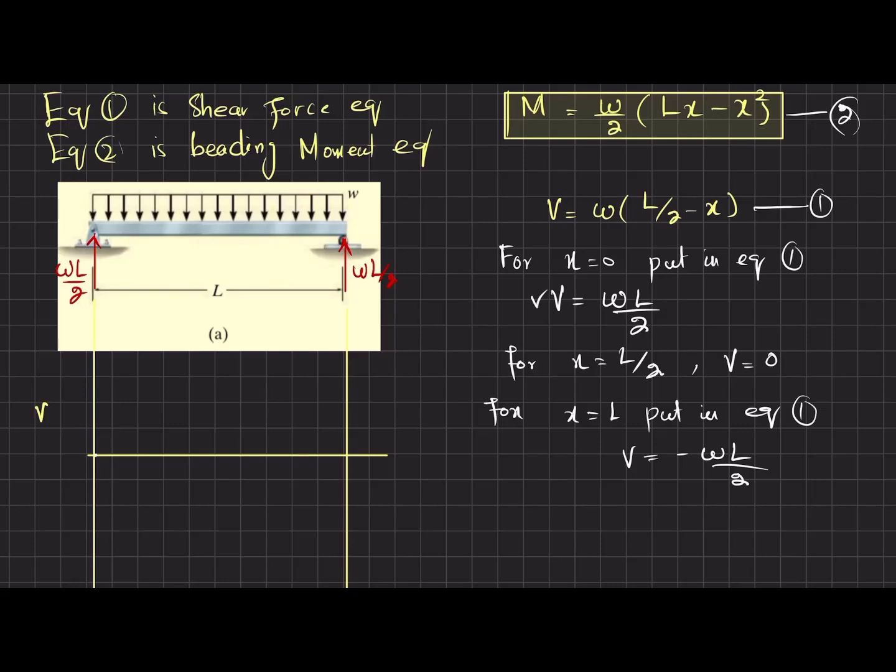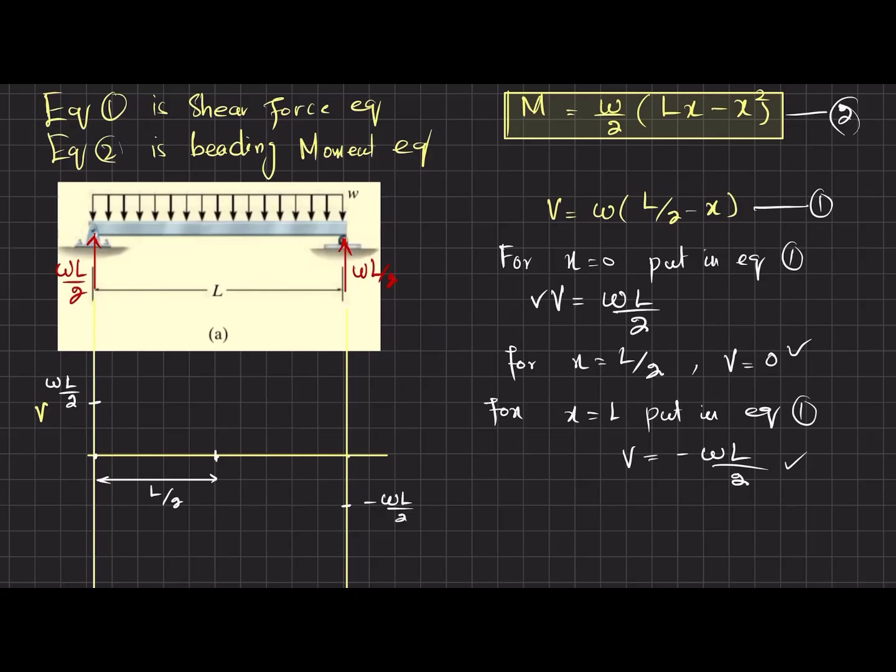At x is equal to 0, we have V equal to WL over 2. At x is equal to L by 2, we have shear force 0. At x is equal to L, we have shear force minus WL over 2, which is this point.